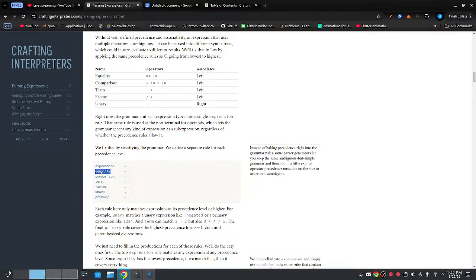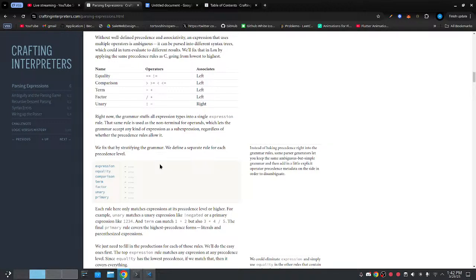Expression, equality. Equality is this, I guess. Okay, this is equality. Comparison is this. Term, factor, unary, primary. What is primary? Expression would be the one which has binary or any other operators. I need to see what is primary.